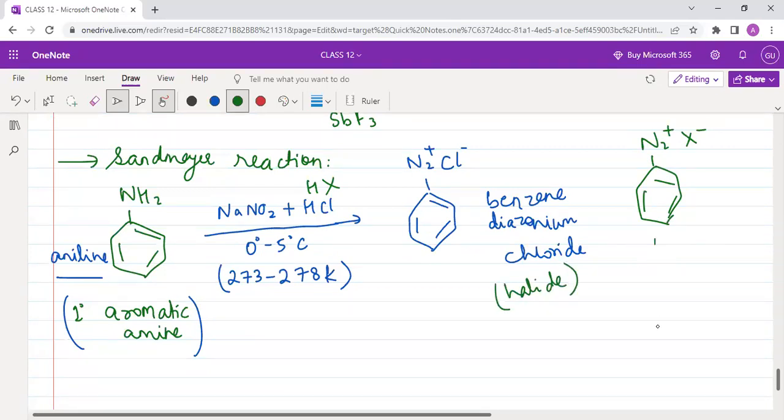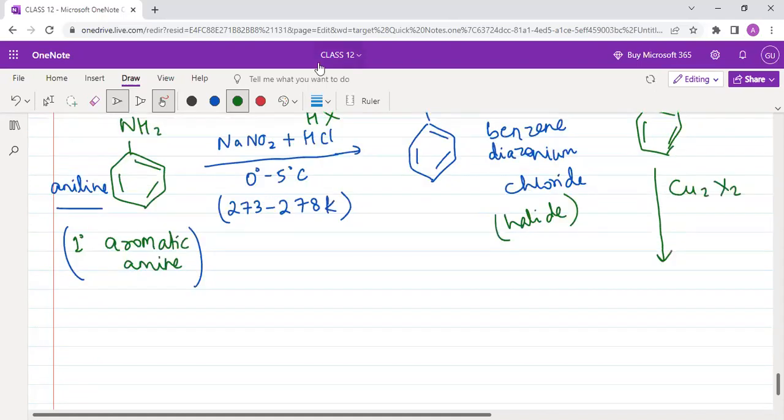So now if you react this benzene diazonium halide with Cu2X2, in place of X it could be Cu2Cl2 and it could be Cu2Br2. So these are the two possible options, Cu2Br2 and Cu2Cl2. It is called cuprous chloride or cuprous bromide.